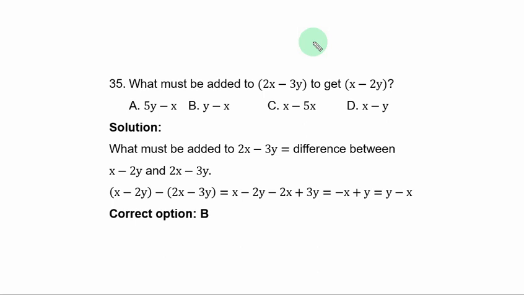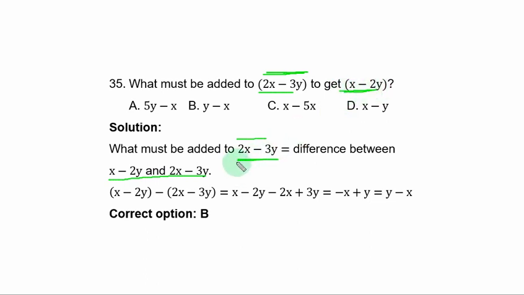Question 35. What must be added to 2s minus 3y to get s minus 2y? What must be added to this is equal to the difference between this and this. Now take it this way, that you add P to this and it is equal to this. What if you make P the subject?